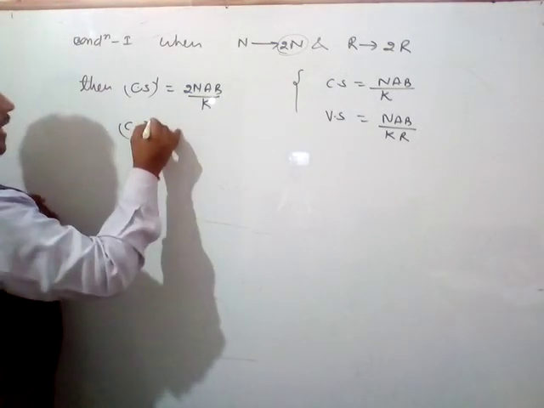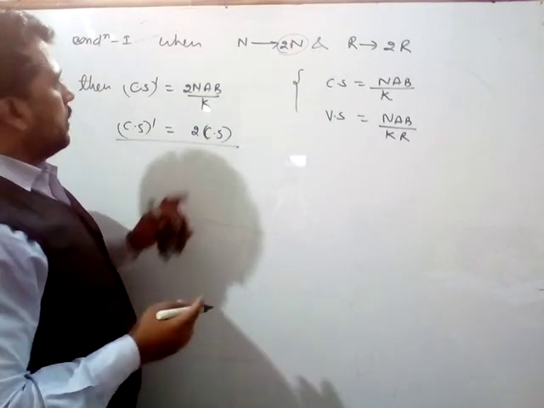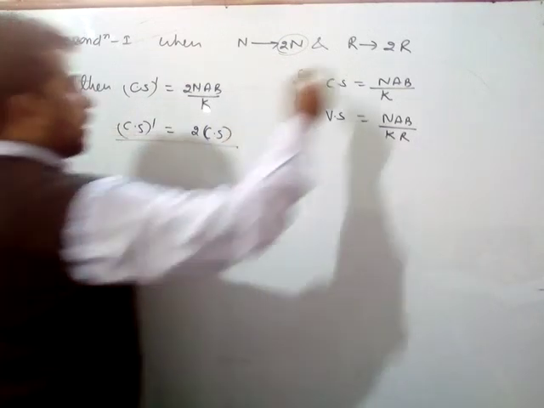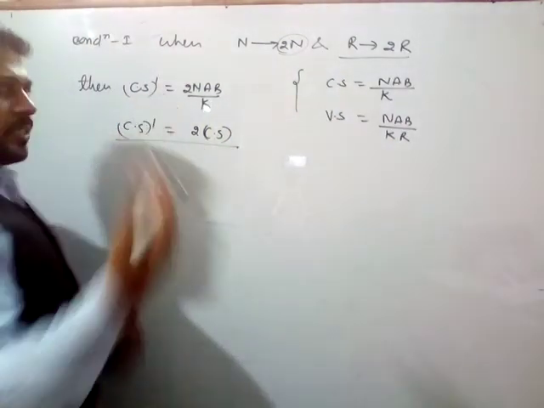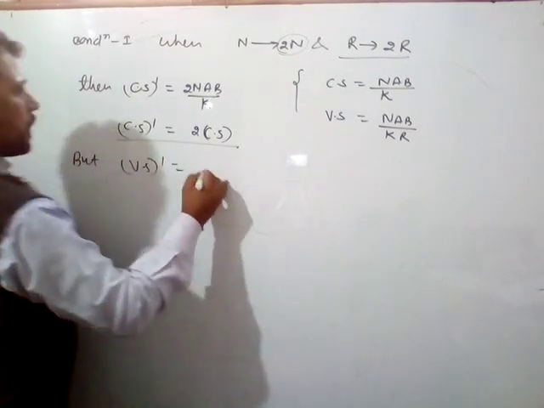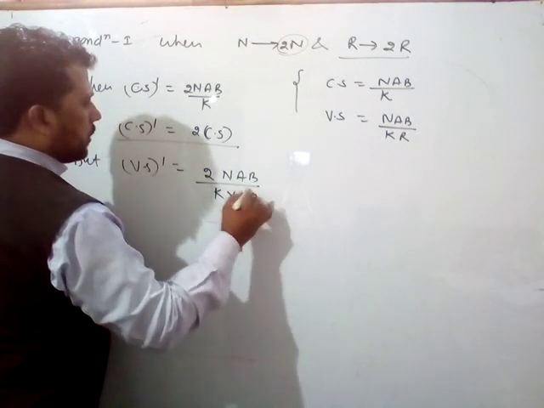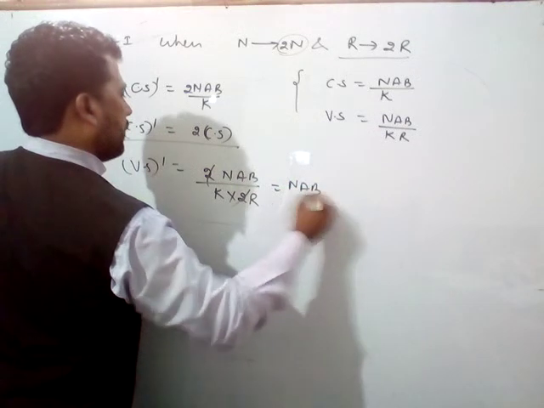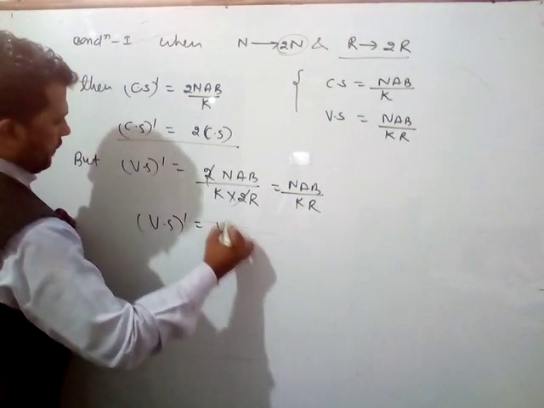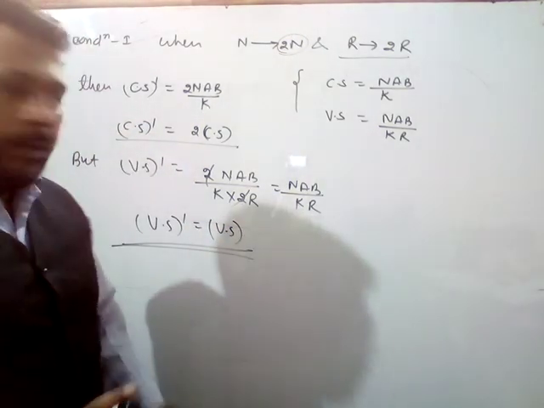So Cs dash equals 2Cs. If we double the number of turns, current sensitivity doubles, and if we also double the resistance, current sensitivity still stays doubled. But for voltage sensitivity, we get 2NAB upon K into 2R, which is NAB upon KR, so Vs dash equals Vs. In this situation voltage sensitivity doesn't change.